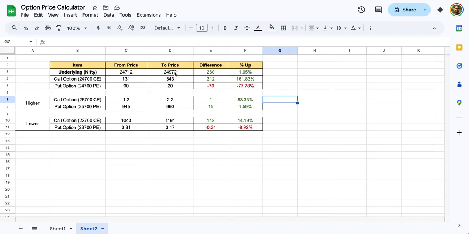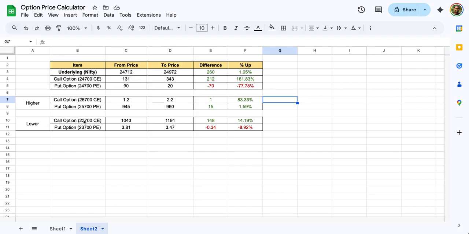In order to investigate further, this is the 24,700 strike price; we went 1000 points higher, that is 25,700 C and P, and compared. The call option went from 1.2 to 2.2, which is 1, and that is 83%, and the put option went from 945 to 960, which is 15, which is 1.59%. Again, this is different.